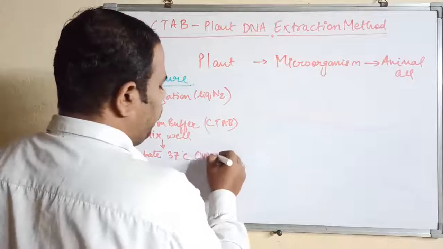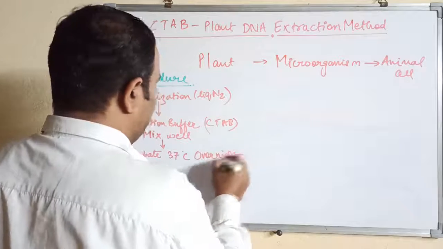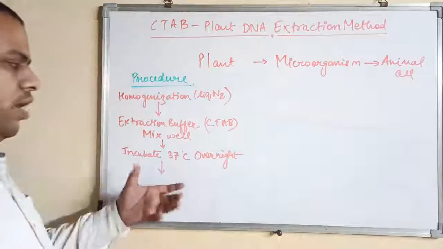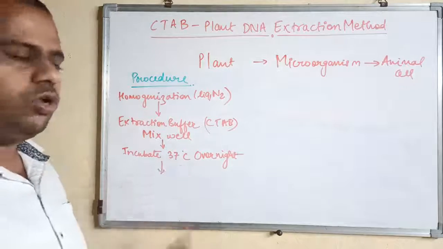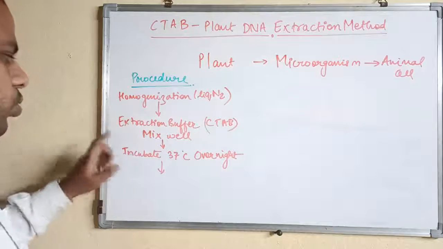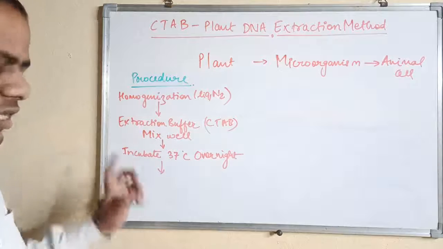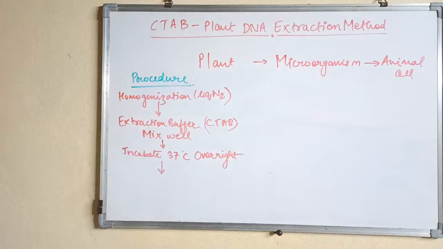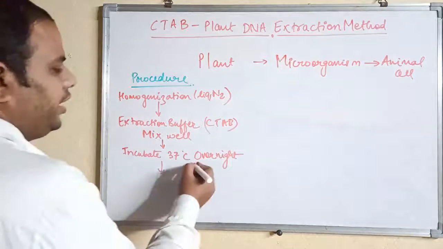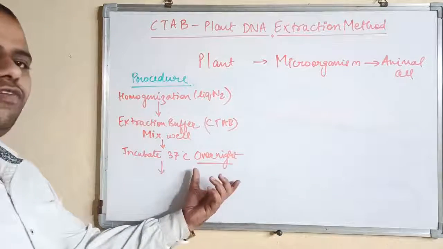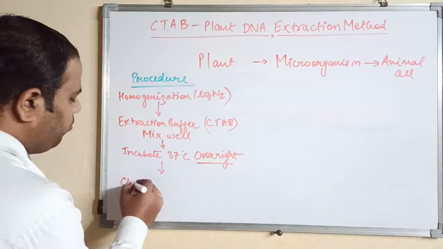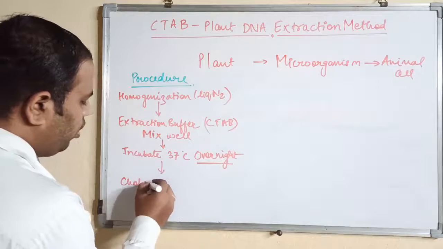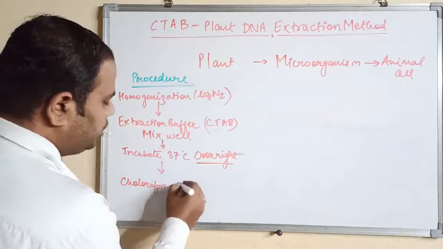Ideally it is kept overnight to bring about proper extraction of the DNA. You can go for 3 hours also if you want. So it is incubated in the CTAB extraction buffer, and afterwards you can keep it overnight. If you are keeping it overnight, then the day after you have to add chloroform, isoamyl alcohol.